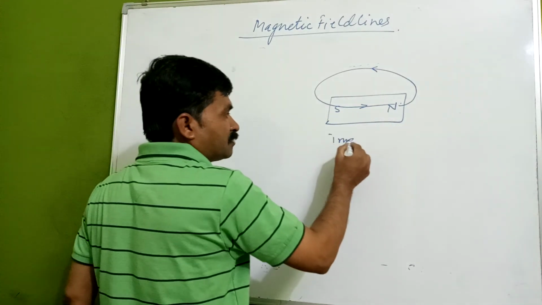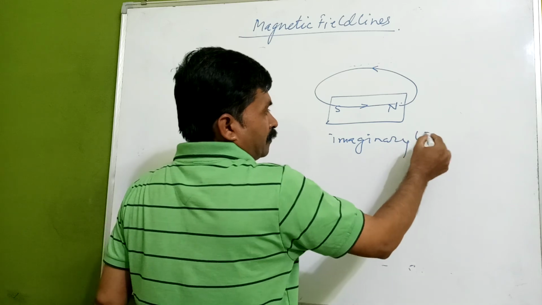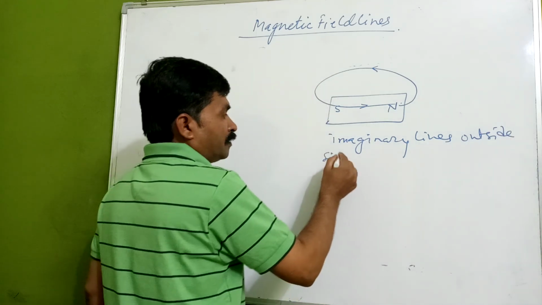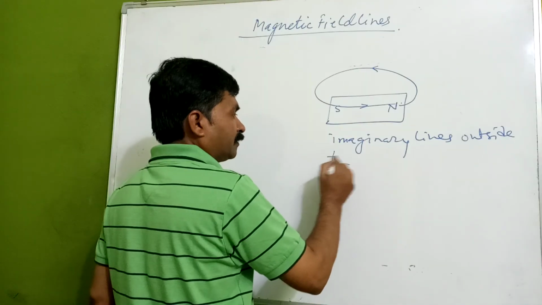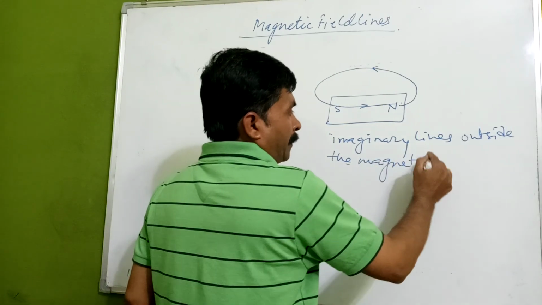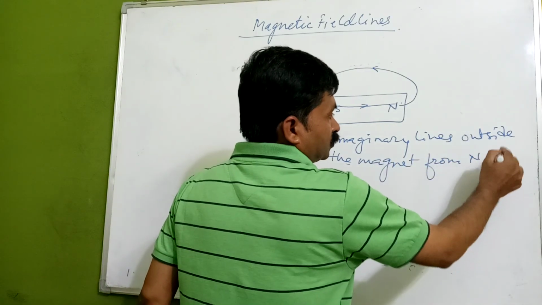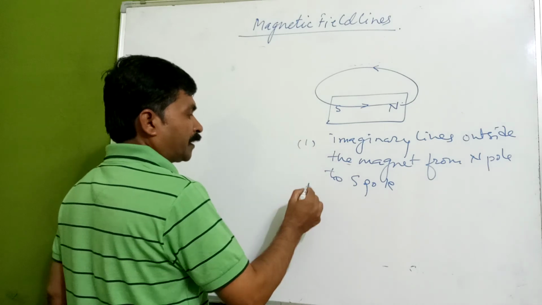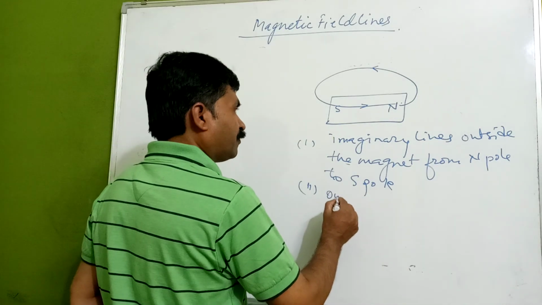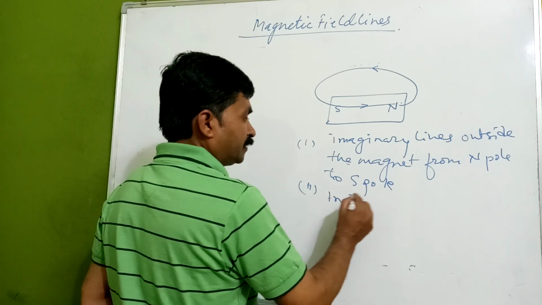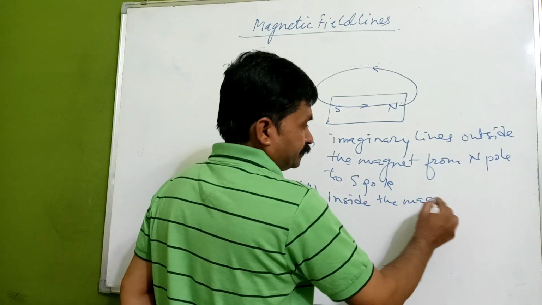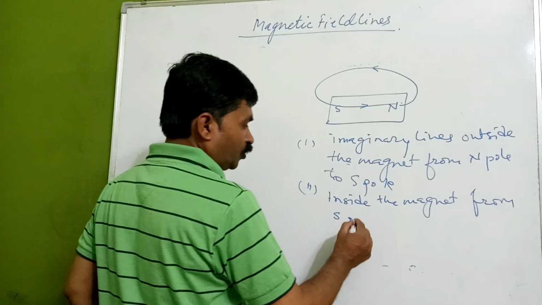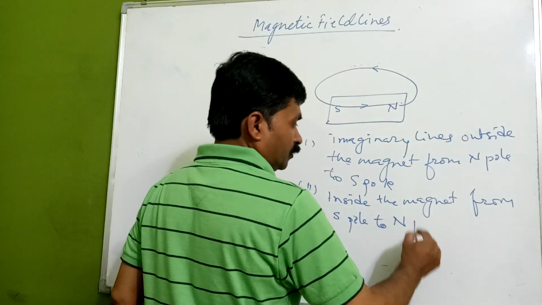So they are the imaginary lines outside the magnet from north pole to south pole, and inside the magnet from south pole to north pole.